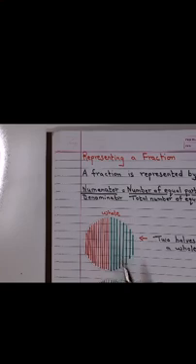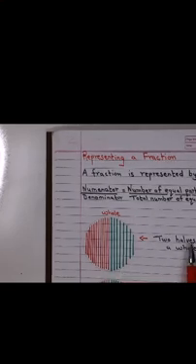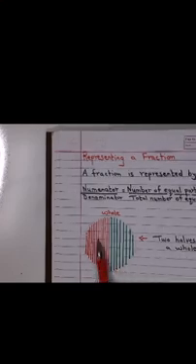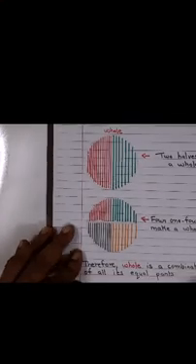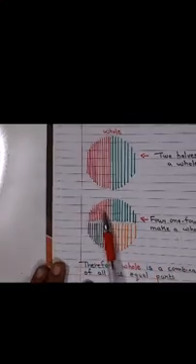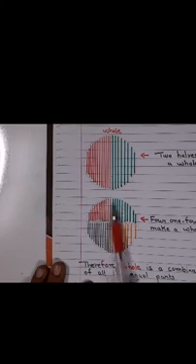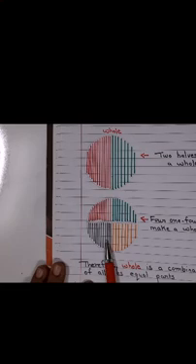Now look here, children, this is a whole. So there are two halves. Two halves make a whole. Two equal halves. Now if you look here, there are 4 1/4s. This 1/4, this 1/4, this 1/4 and this 1/4. So altogether we have 4 1/4s.